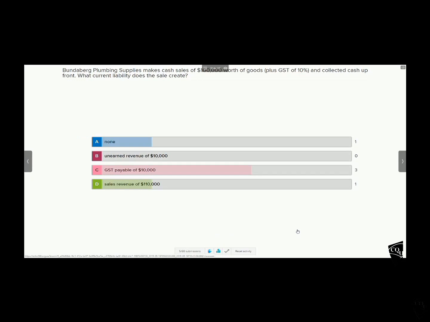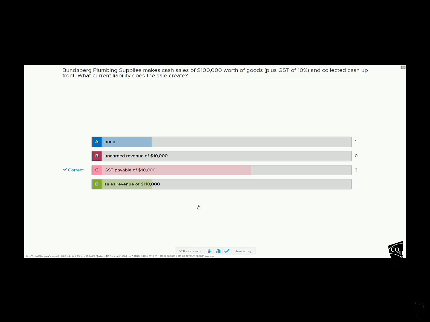Okay, again, we have C, which gets the majority of the votes, with a bit of a scattering elsewhere. Let's see if the C's have it. And the C's, in fact, do have it. All right, so it's GST payable of $10,000. We have cash sales of 100,000. It's a cash sale.